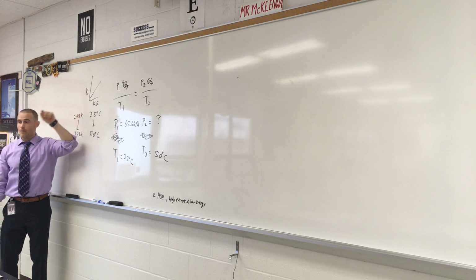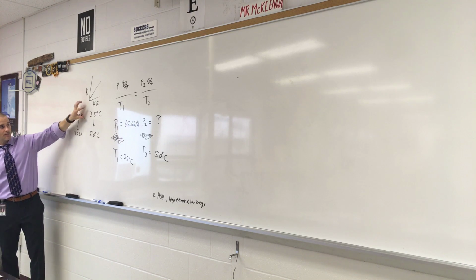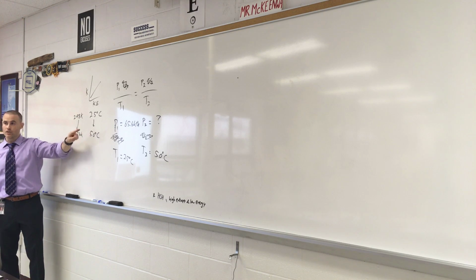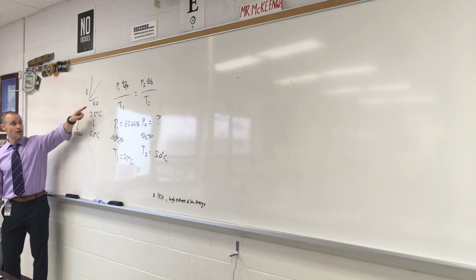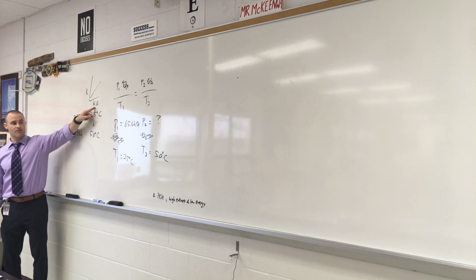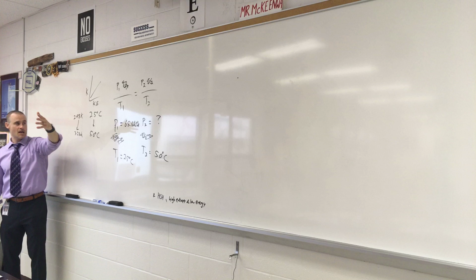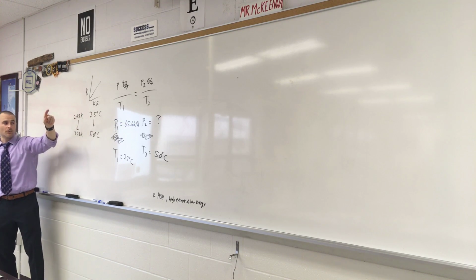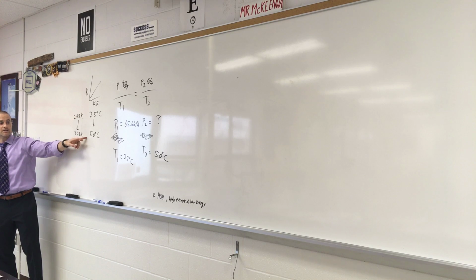A better way to say it: the amount of kinetic energy particles have at 25 degrees Celsius is not doubled at 50. It's only doubled if you double the kinetic energy. I could do the whole math and show you the equation for that, but that's AP stuff. We don't need to spend the time doing that. But it works out mathematically that the kinetic energy only doubles if Kelvin doubles, not Celsius.